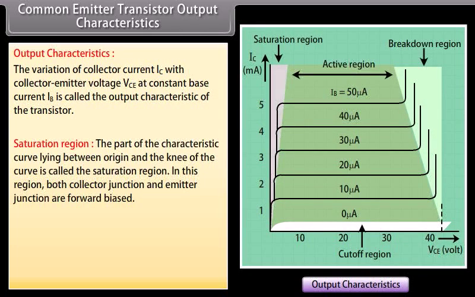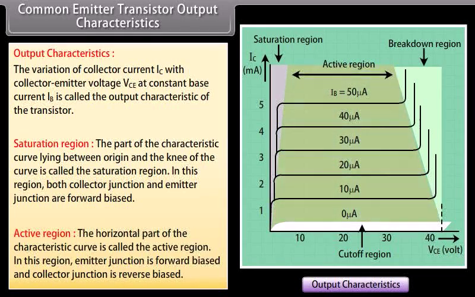Saturation region. The part of the characteristic curve lying between the origin and the knee of the curve is called the saturation region. In this region, both the collector junction and the emitter junction are forward biased. Active region. The horizontal part of the characteristic curve is called the active region.